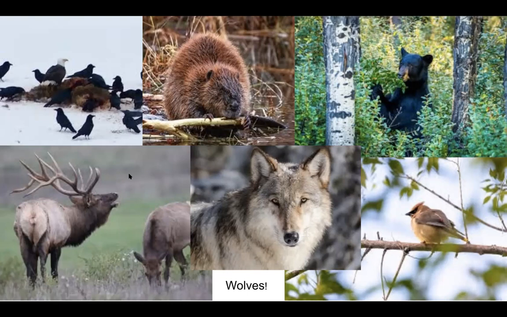There were lots of elk, but there weren't any of these other guys around. Once we brought back the wolf, then that land's carrying capacity increased in diversity. What different kinds of animals was it supporting? Not as many elk, but more beaver, more eagles, more birds, more bears, all those other animals. So everything is connected in nature.